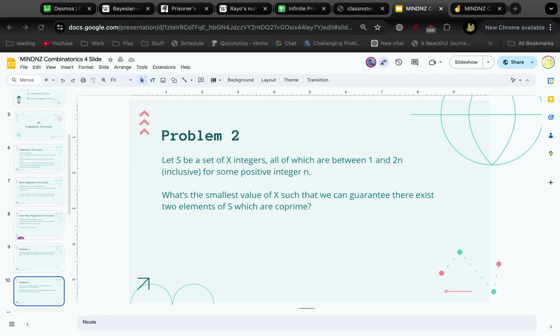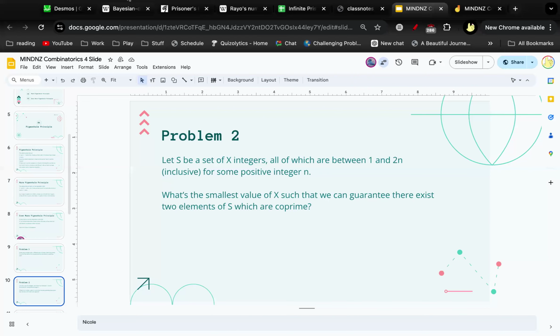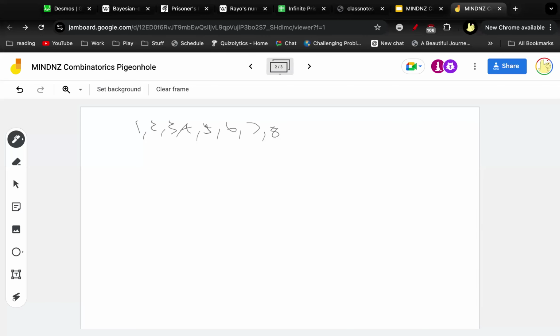So if you choose n equals 4, you have x integers between 1 and 8. And maybe what you want to do is see how many numbers you can choose such that there aren't two that are coprime. You want to see how big you can make x such that it doesn't satisfy this criteria of two elements being coprime.